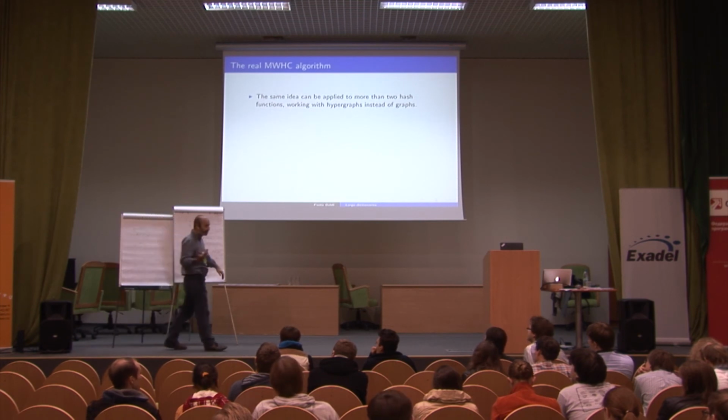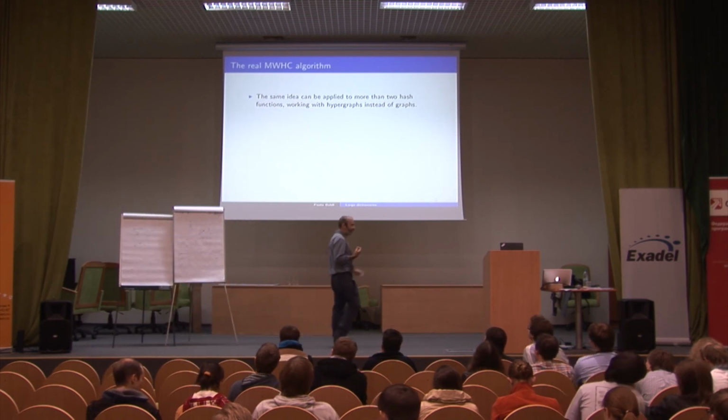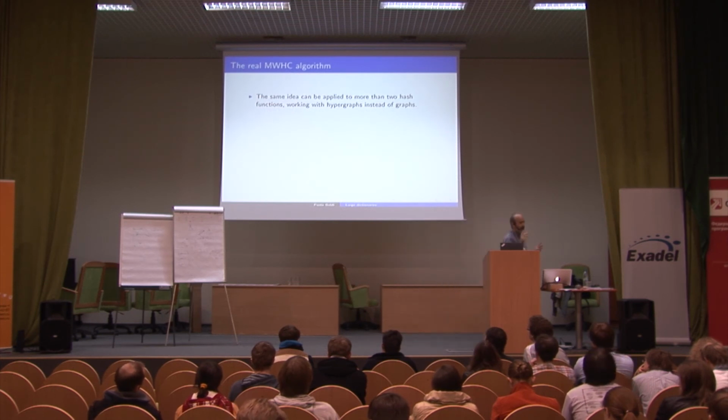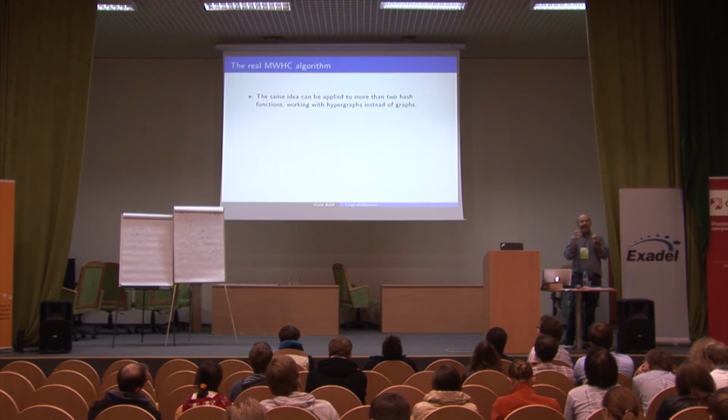What is the advantage? The advantage is that if you take a 3-hypergraph, the probability that it's acyclic will be larger. The point is that you will need fewer nodes to have an acyclic graph.